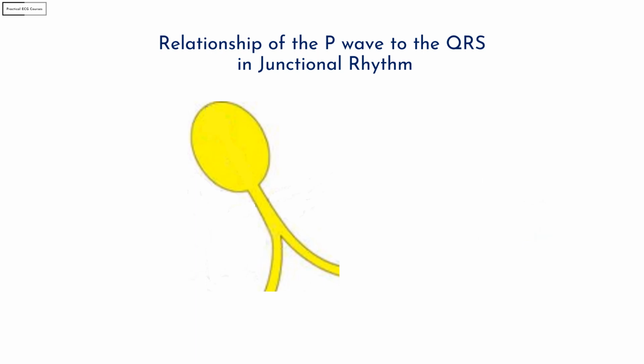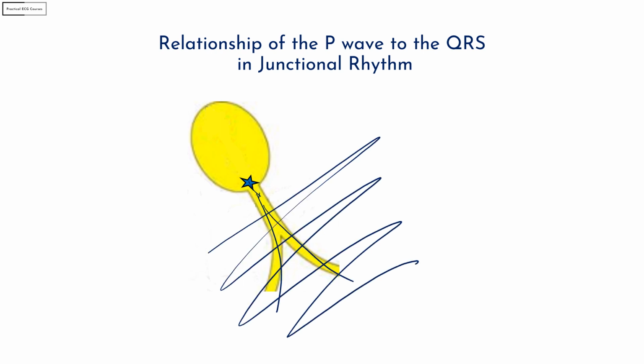If the foci of the junctional rhythm is in the distalmost part of the AV node, it has a very short distance to the bundle of His, and once the impulse reaches the bundle of His, it instantaneously results in the depolarization of both the ventricles. This foci also sends an impulse backwards into the atria, but this impulse has to traverse the bulk of the AV node very slowly before it reaches the atria.